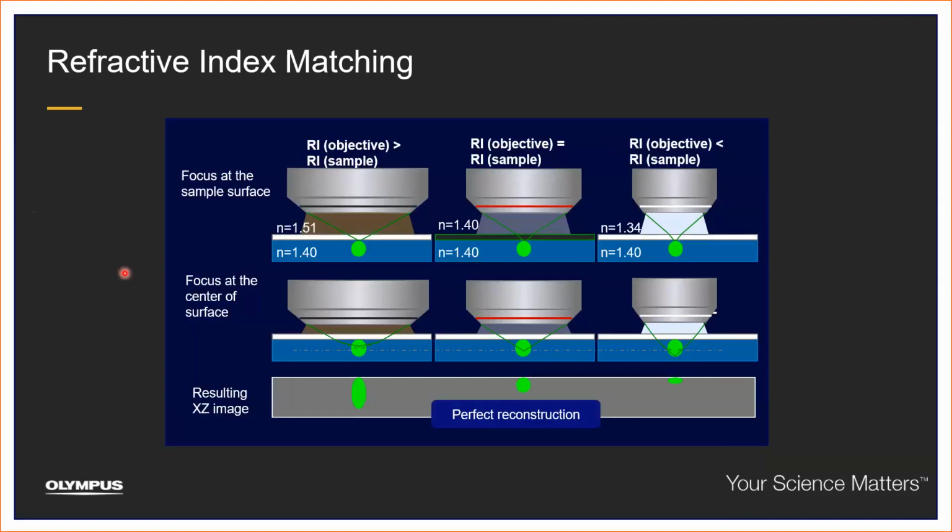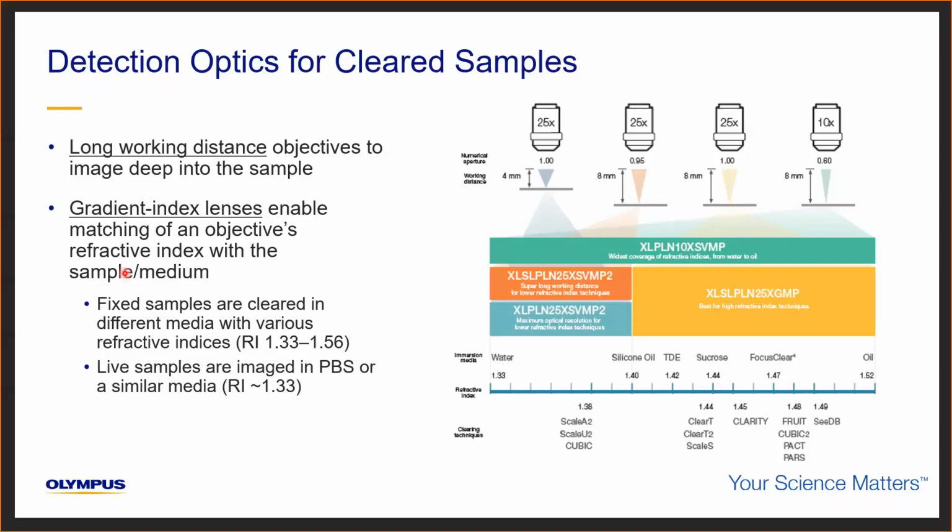Now, using gradient index lenses that allow you to tune the refractive index according to the media would be the way to go here. Shown here is a list of Olympus optics that are used for multiphoton and Lightsheet imaging. As you can see, they span the entire range of refractive indices from 1.33 to 1.52.